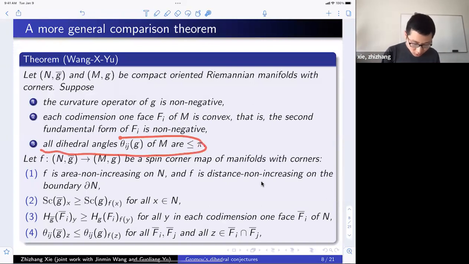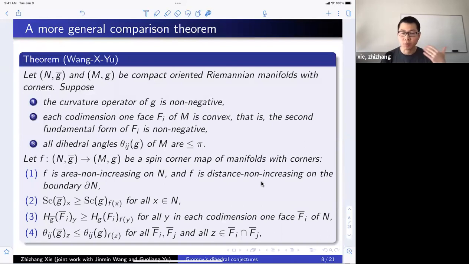Now here's an assumption on the dihedral angles: they don't have to be constant, but they're always less than or equal to pi. In other words, this is also in line with the second condition that M is supposed to be convex, just convex, not mean convex.